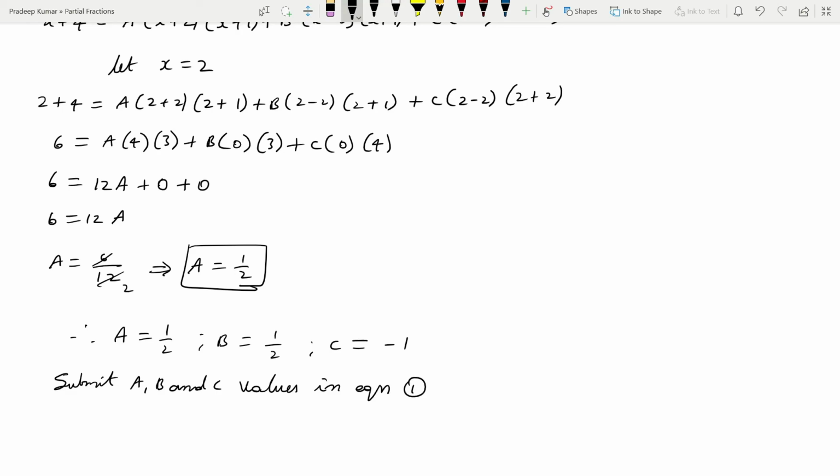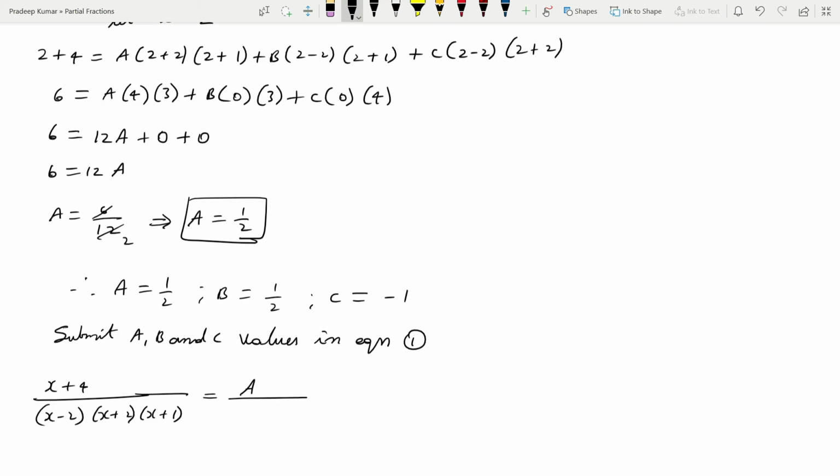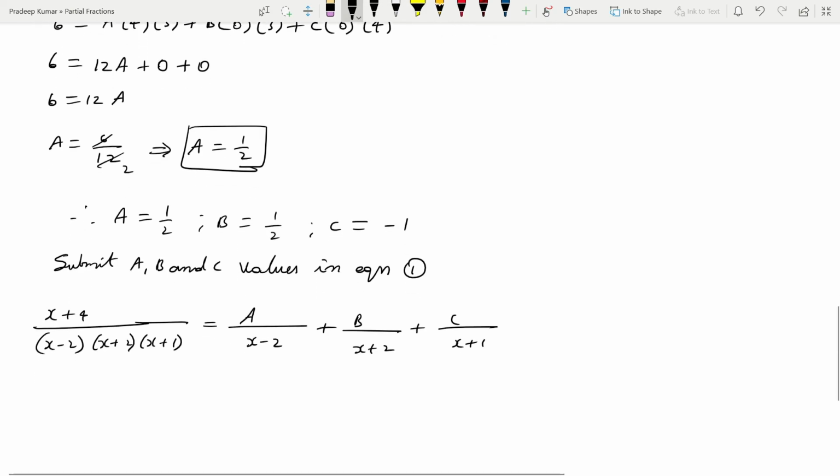So what is equation number 1? x plus 4 by x minus 2 into x plus 2 into x plus 1 is the equation, which we wrote as A by x minus 2 plus B by x plus 2 plus C by x plus 1. So in the place of A, B and C, we'll substitute the obtained values and see what we get.